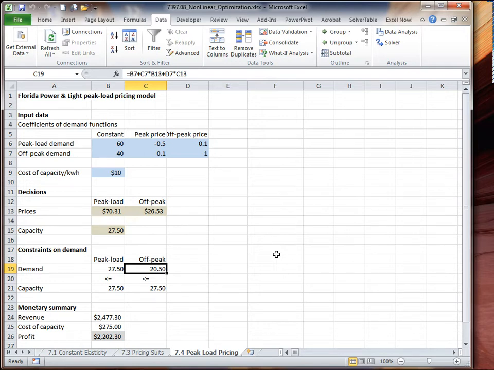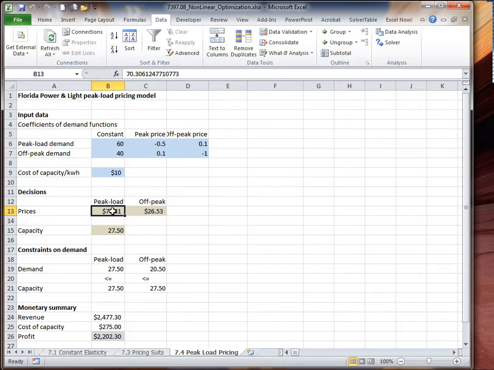Well, if I'm using Solver, yes. But keep in mind, it's a nonlinear solver. So would I have got a different answer? Remember, I started with prices of zeros here. These cells were blank when I first started Solver.